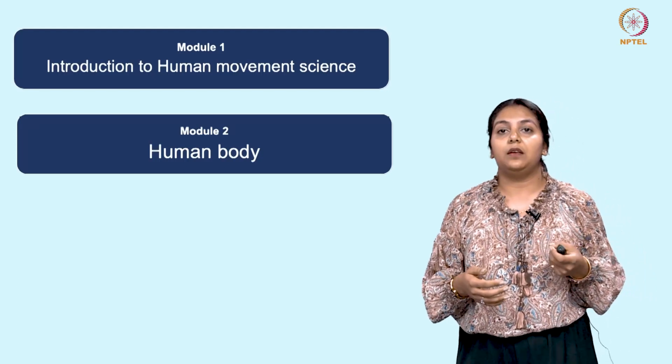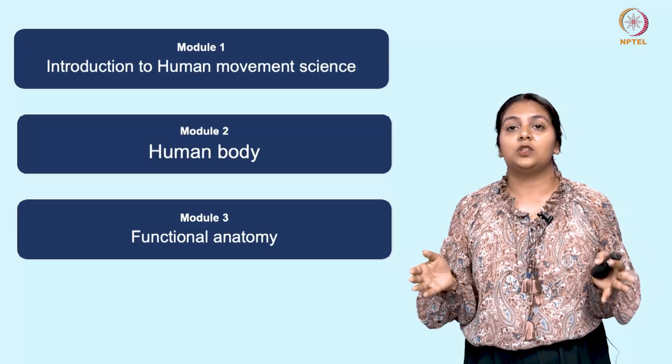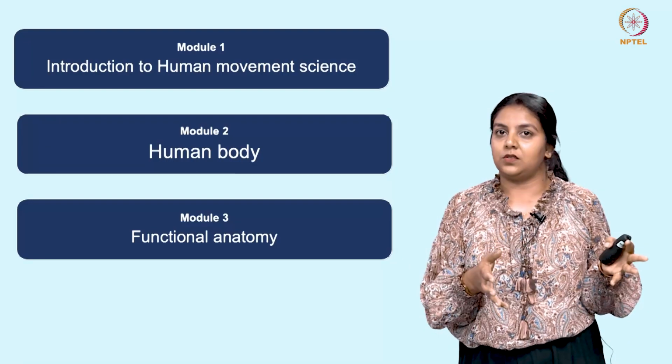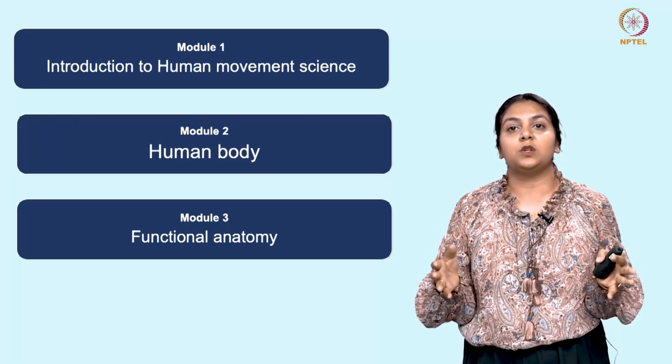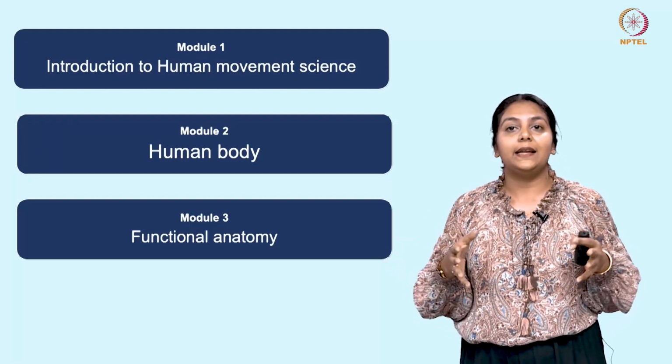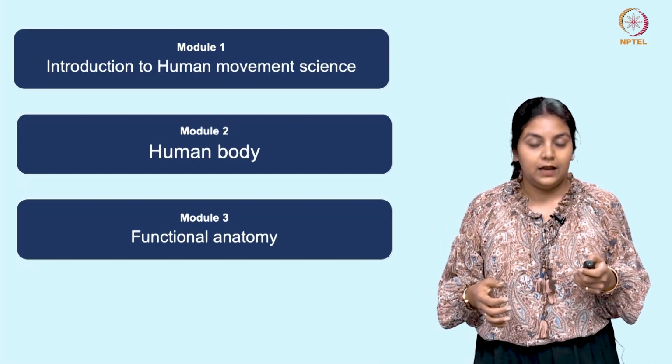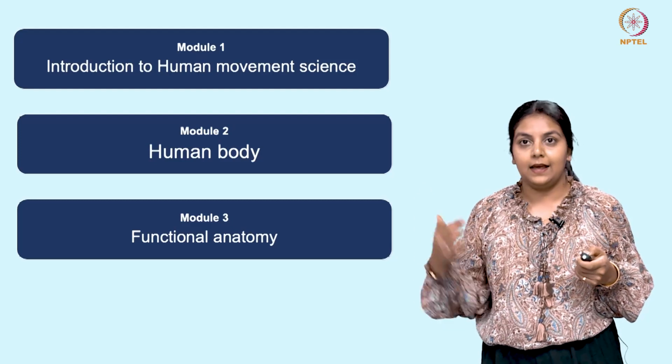Module 3, on the other hand, we'll be looking at functional anatomy. Now that we have understood what the human body comprises and what systems are responsible for movement, how exactly do they coordinate? What generates movement, what creates movement, and what exactly happens?